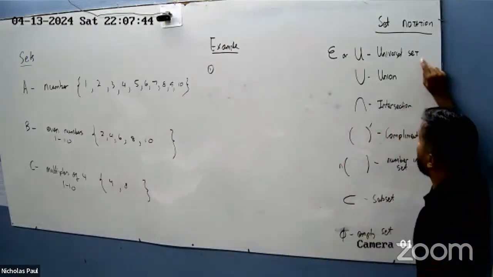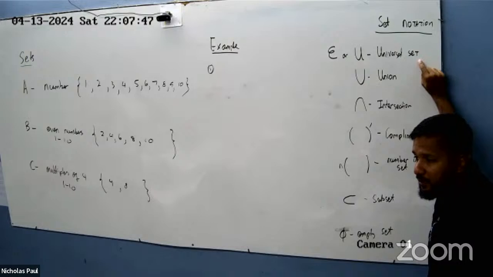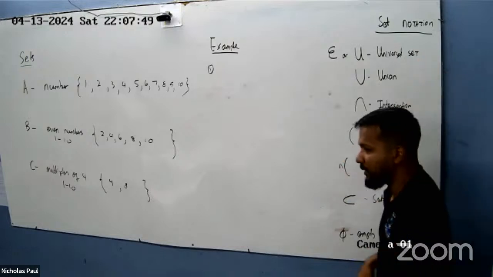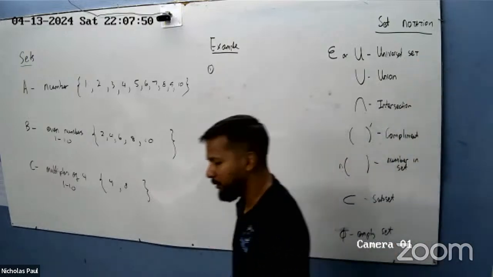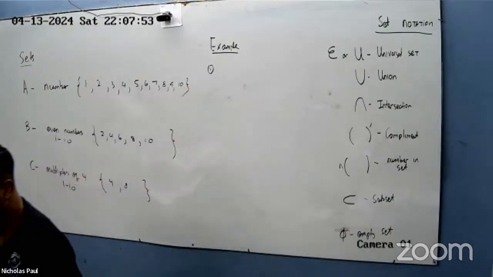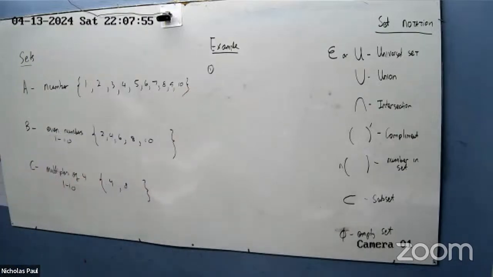All right, so let's start here. What is the universal set? The universal set, write this down, has all the elements in a given scenario.